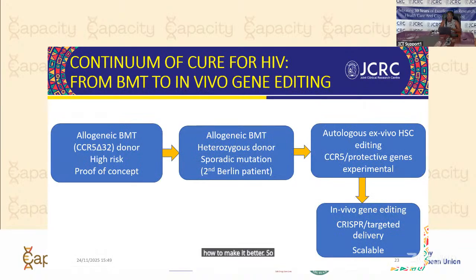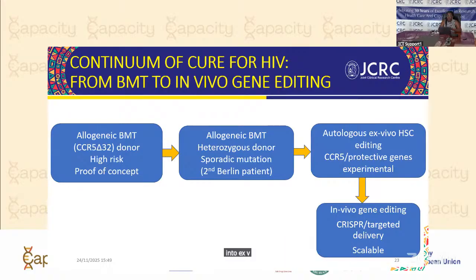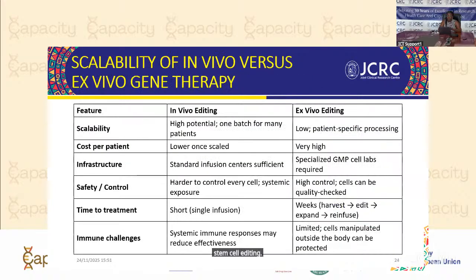So just a reminder that we are coming from bone marrow transplants into ex vivo stem cell editing, and then finally in vivo stem cell editing. So the question is, with gene therapy, can it be scalable with where we've come from?